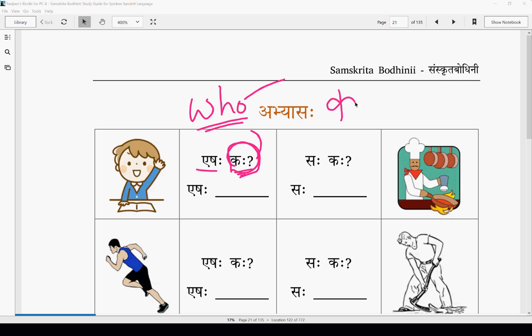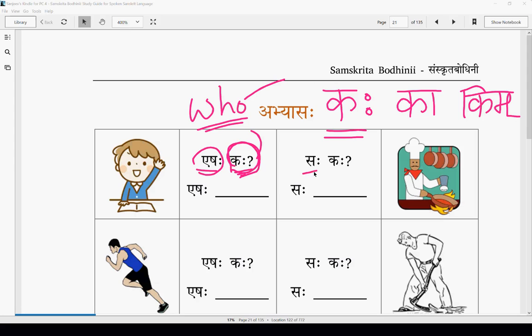So there are three forms of the question word: Kaha, Pullinga; Ka, Strilinga Shabda; and Kim, Napunsakalinga Shabda. Depending on what we want to ask, we use one of these.